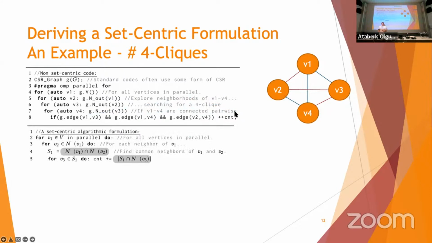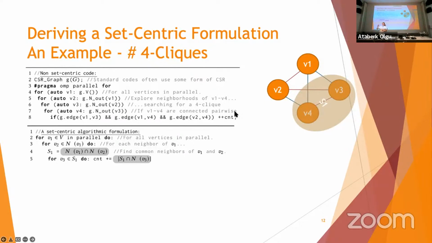How does the set-centric code work in comparison? Well, here we start by choosing 2 vertices, V1 and V2 in this case, and then we intersect their neighborhoods. Then we know that the vertices in that set are both connected to V1 and V2.